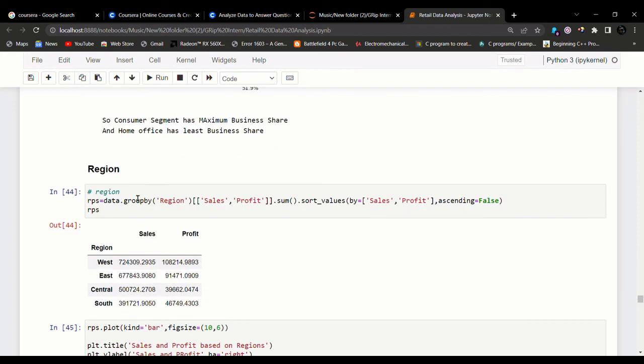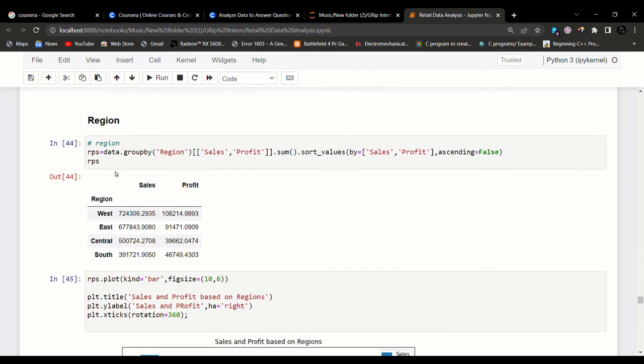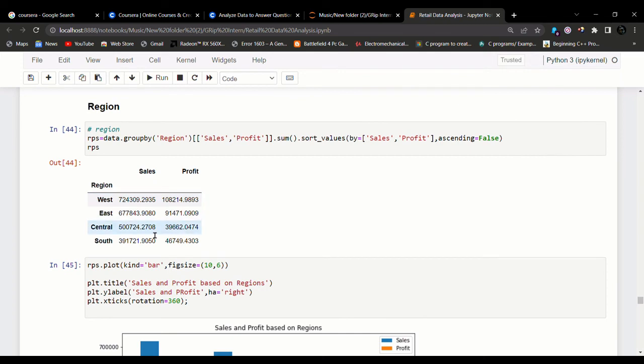And next heading to region, you can see we have grouped the sales and profit per region, and we can see that the West region has maximum sales and maximum profit, and the least sales and profit are from the South region.